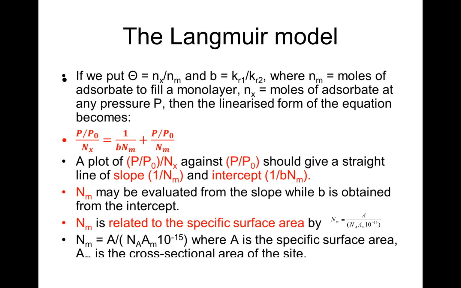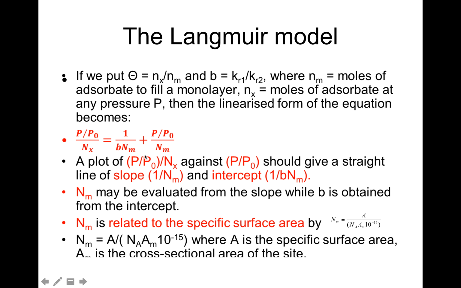If we put theta equal to nx over nm, and b equal to Kr1 over Kr2, where nm equals the moles of adsorbate to fill a monolayer, and nx is the number of moles of adsorbate at any pressure P, then the linearized form of the equation becomes P over P naught all over nx is equal to 1 over b nm plus P over P naught over nm.